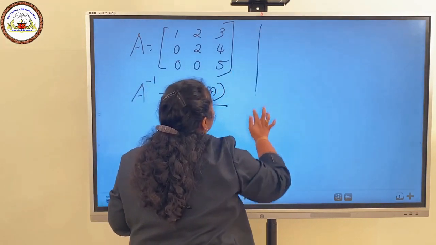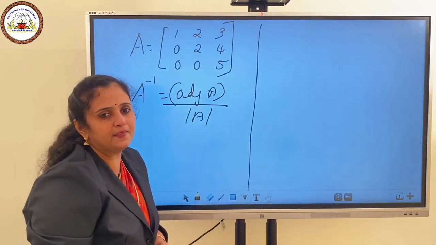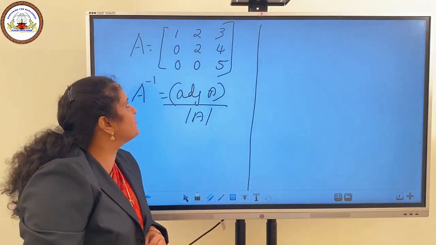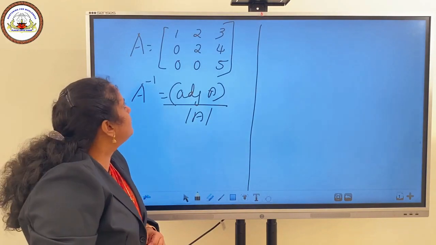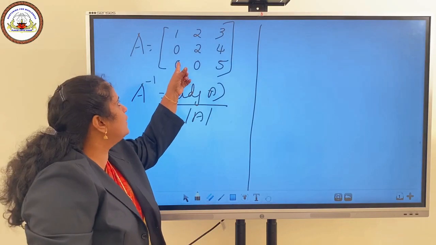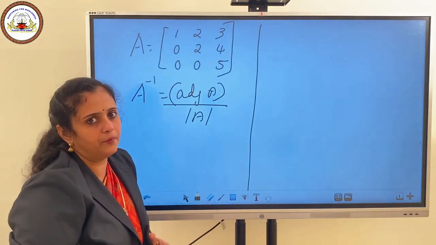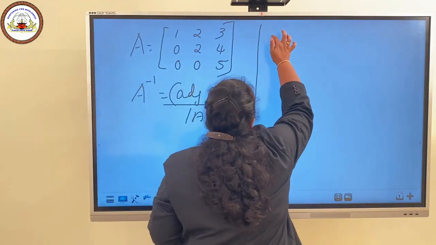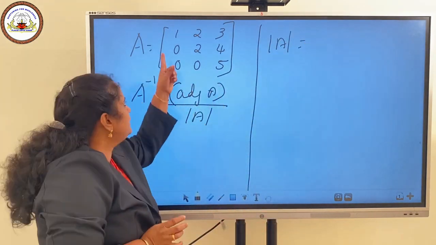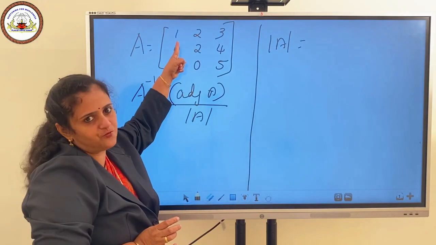The determinant of A, this is a 3 by 3 matrix. We take the row wise expansion or column wise expansion, we can find the determinant. But the first column has 2 elements that are 0, so we can take the first column. The determinant of A is equal to, the first column, first element is 1.